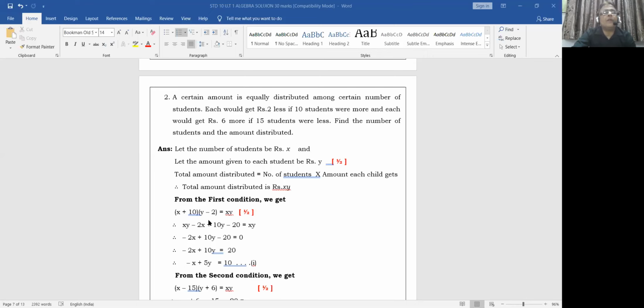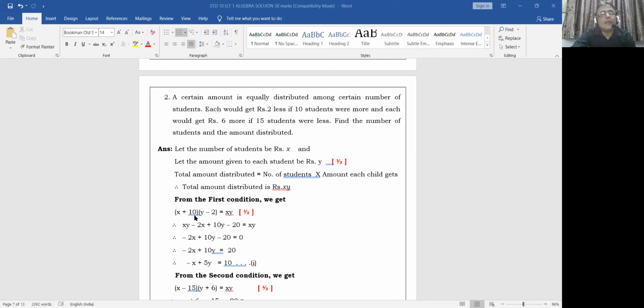Now, according to the first condition, each would get 2 rupees less if 10 students were more. Originally there are X students, so now it will become X plus 10, and each student will get rupees 2 less. Originally they were getting Y, now each will get Y minus 2.